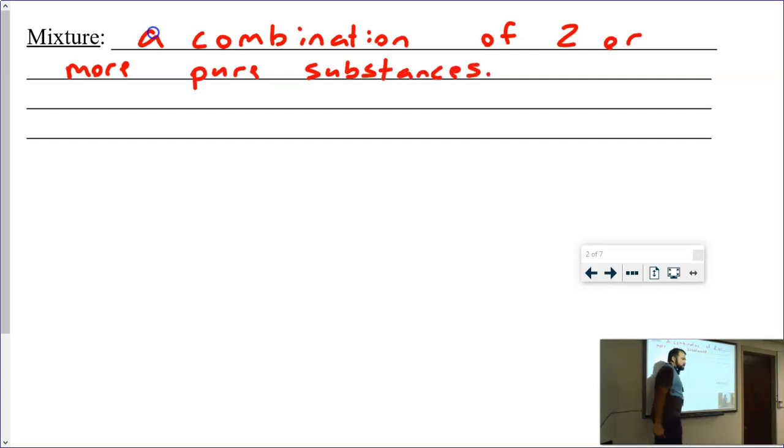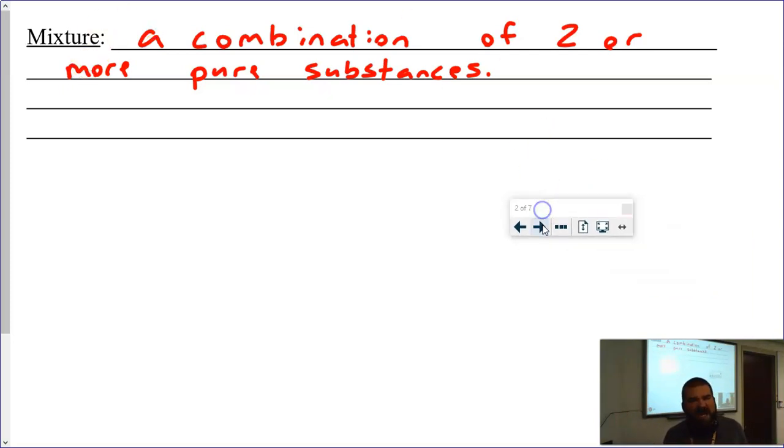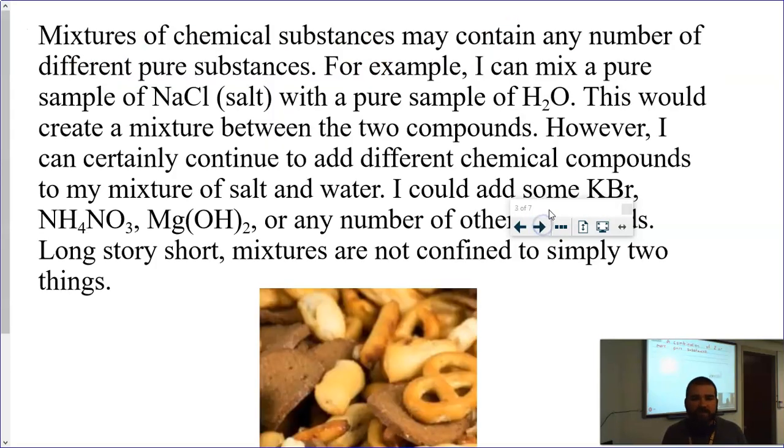So I've got some pure substance 1, some pure substance number 2. I mix them together, and I have now made a mixture. That's all it is, pretty simple. Again, this is a common English word, so it's not just a chemistry word. You use the word mixture in all sorts of different contexts of normal life. It's the exact same definition: you're mixing more than one thing with something else.